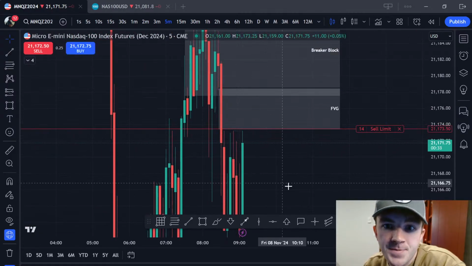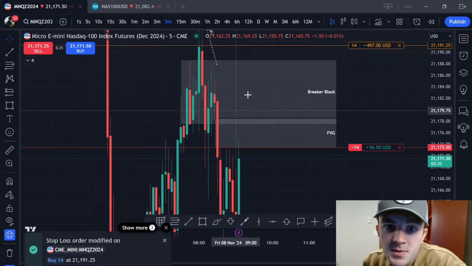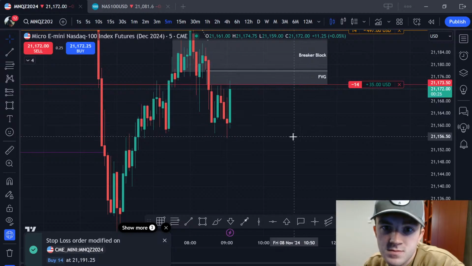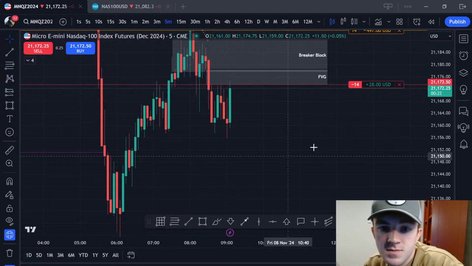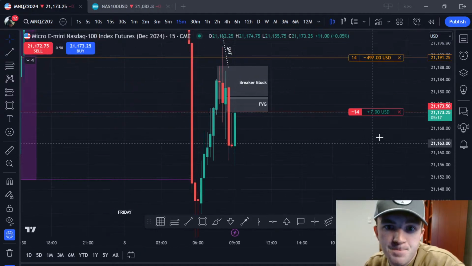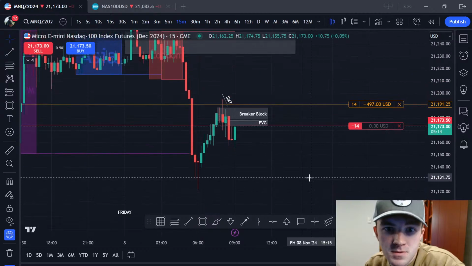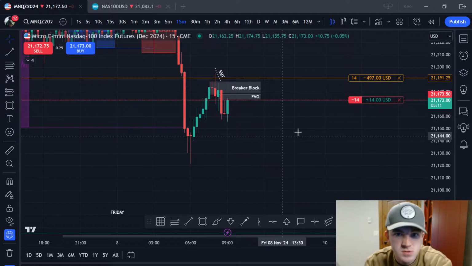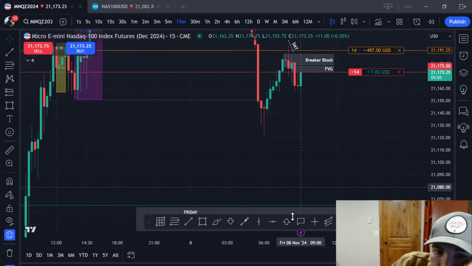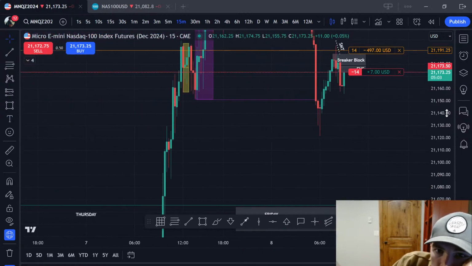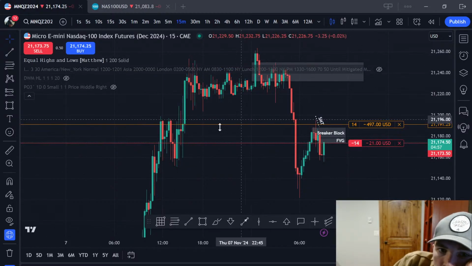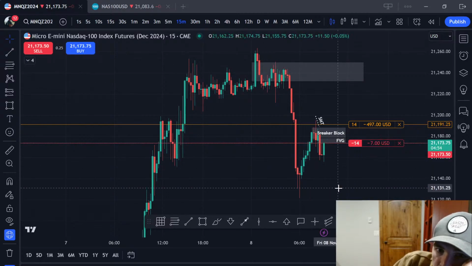So a fair value gap overlapping with a breaker block. This is just for experimental purposes only.